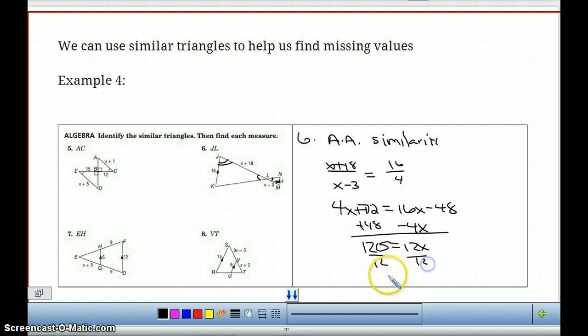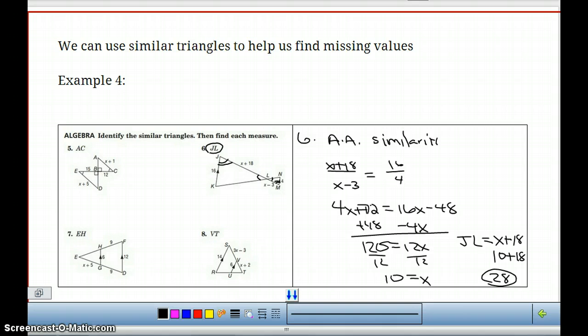We can then divide both sides by 12. 10 equals x. But again, we need to find x, but the question wants to know what JL is. And JL is x plus 18. Sticking our 10 in for x, JL equals 28.